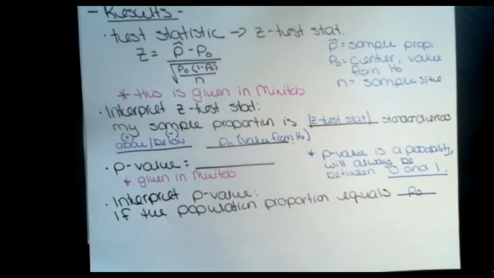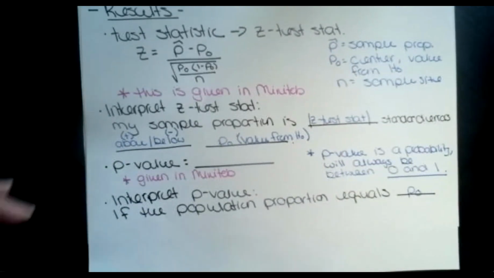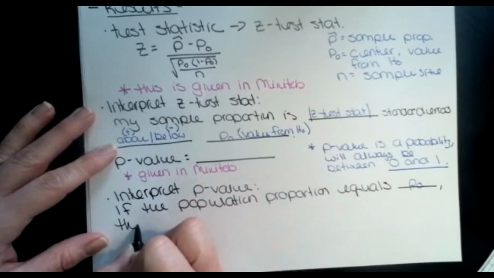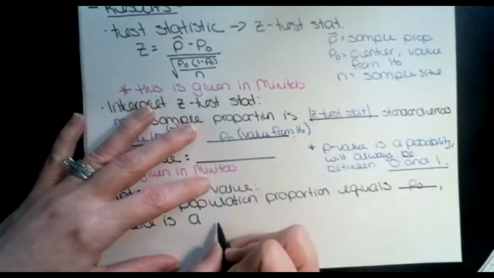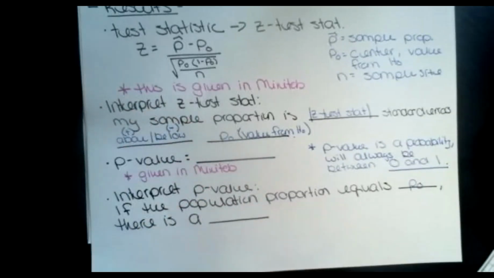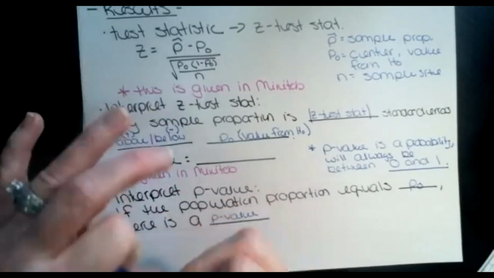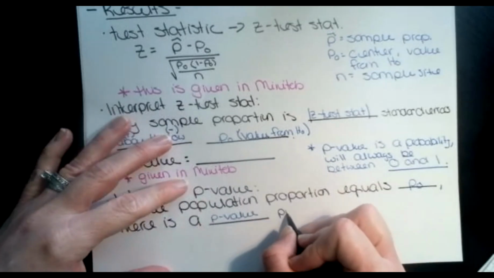So if the population proportion is the center, meaning the center of the curve is what we're thinking it is, P naught, there is a, and then we're going to put our P value in here. I'm going to leave it as a decimal.